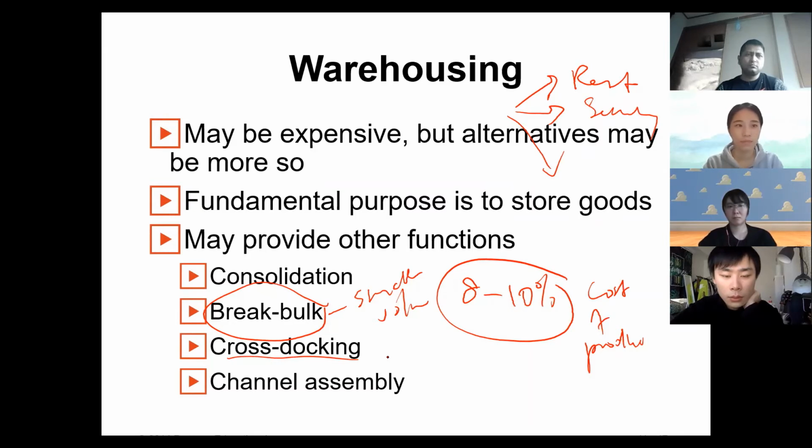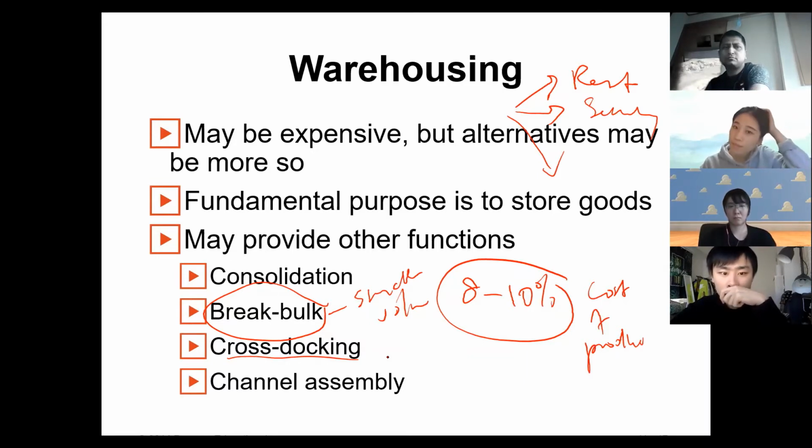The other one is channel assembly, which is treating distributors like manufacturing partners rather than just distributors.